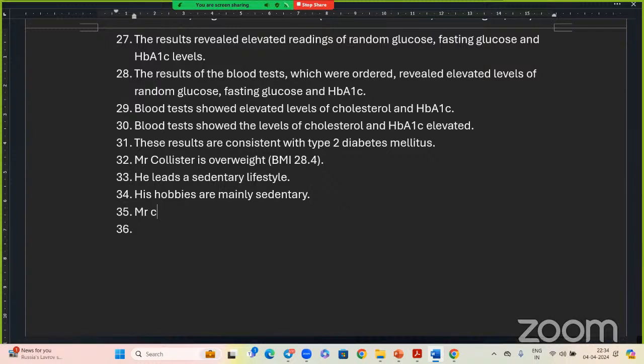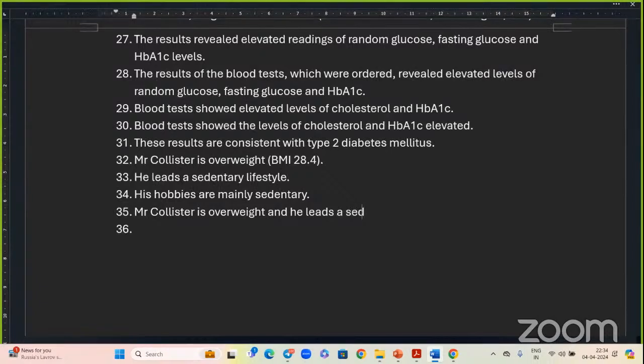Mr. Collister is overweight and his hobbies are mainly sedentary and he leads a sedentary lifestyle.